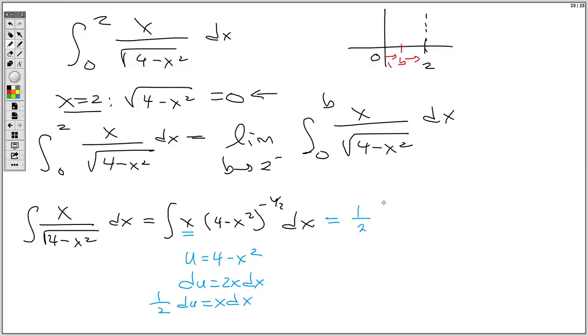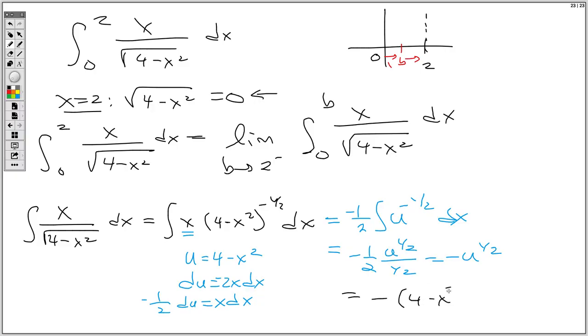So in the land of u, this is the integral of minus 1/2 u to the minus 1/2. Add 1 to that, you're going to get positive 1/2. Divide by the positive 1/2. So you get minus u to the 1/2. And so we get minus 4 minus x squared to the 1/2 power.